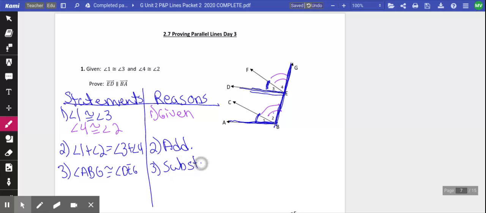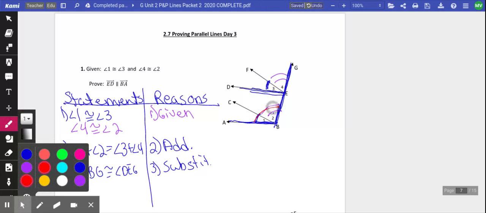So now I'm focusing on that I know these big angles, which I'm going to indicate in red, are congruent. So knowing these big angles that I'm indicating in red are congruent, that helps me see that I have a transversal of BG. So therefore, ED must be parallel to AB.